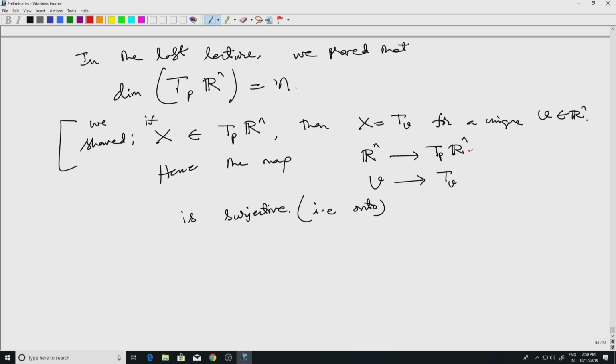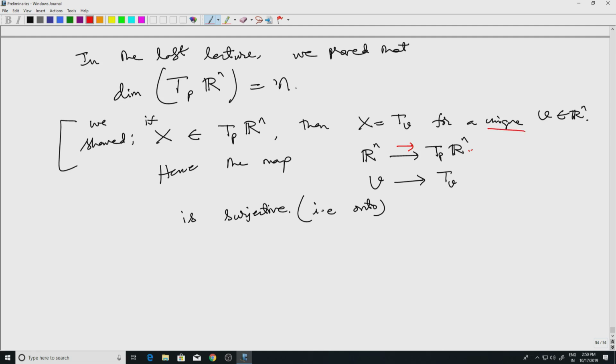an element of this space is a derivation. If I start with any derivation, it can be written as TV for some V. So that means precisely that this map here is onto. This map is onto, and not only that, we also have seen that this map is injective.